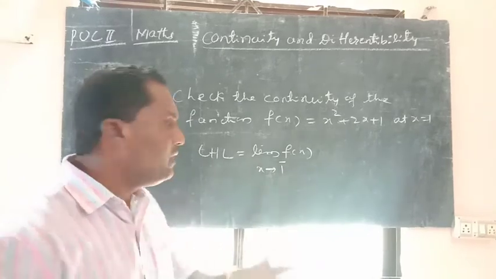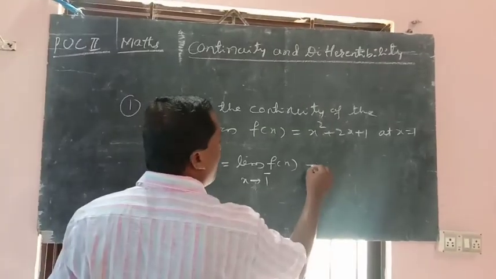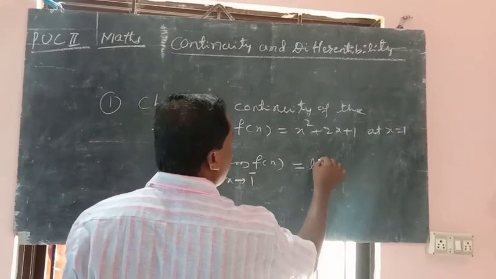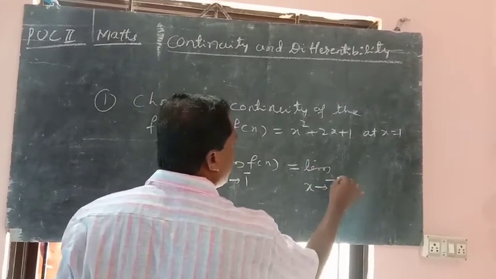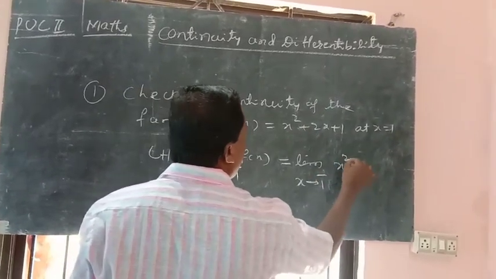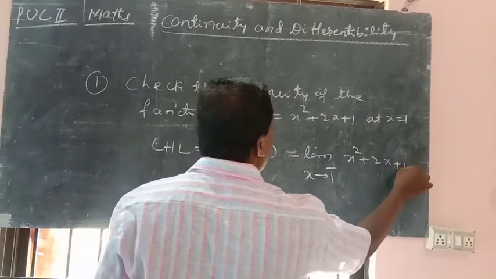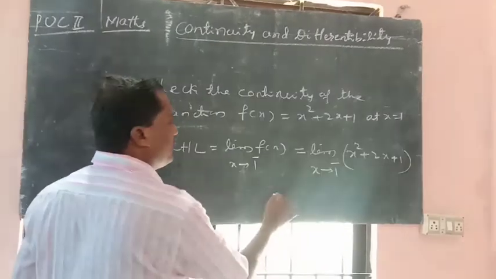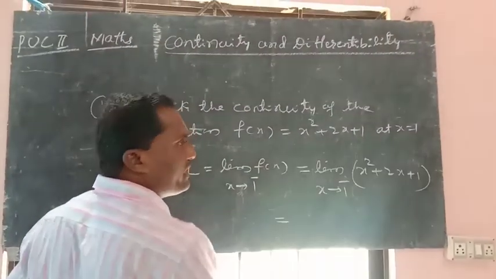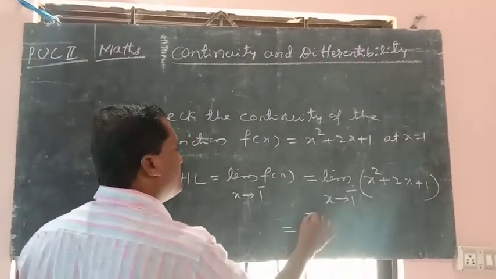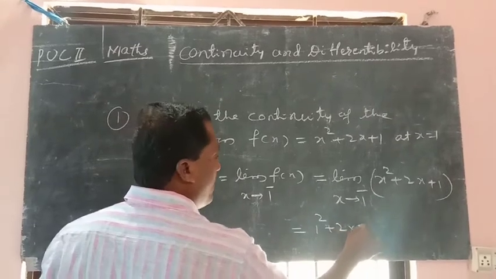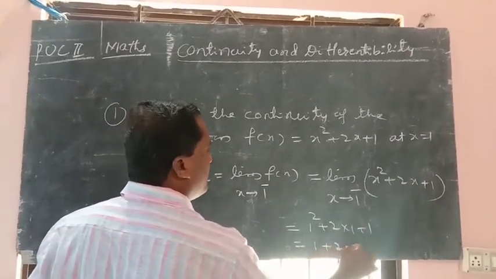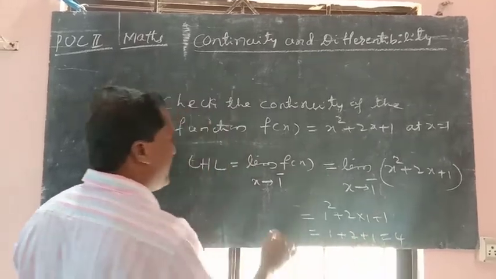Be careful. So what is our function f of x? Limit as x tends to 1 minus of x square plus 2x plus 1. This is your limit point. That equals, instead of x you substitute 1: 1 square plus 2 into 1 plus 1. The answer is 4. So LHL.